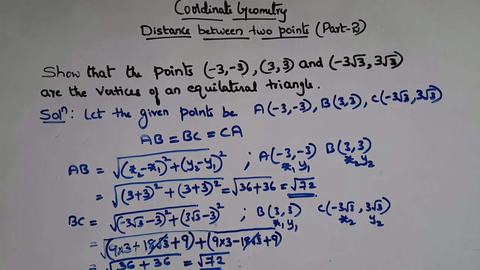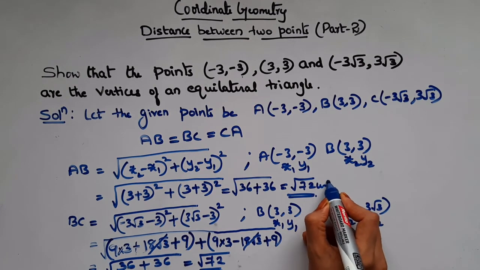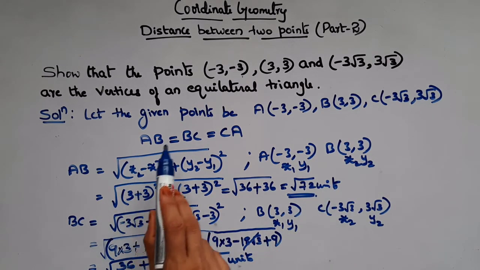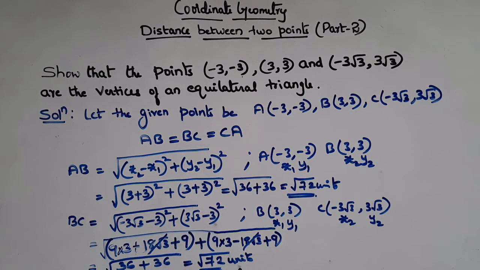So this is in units, 72 units, right? So now AB we got root 72 units and BC is also root 72 units, right? So now you have to see if CA also gives you 72 units or not, right? We will do that, but before doing, pause the video and note this down.